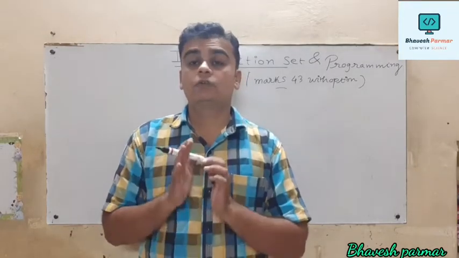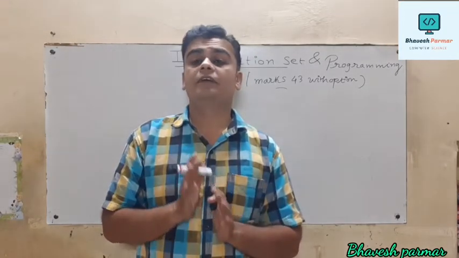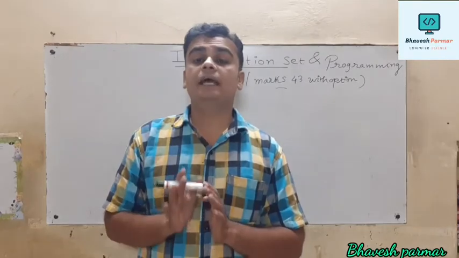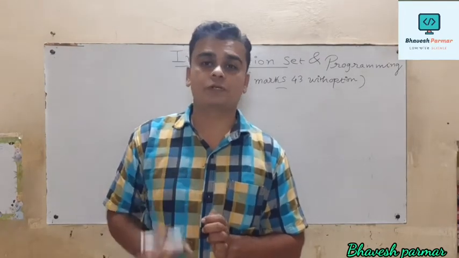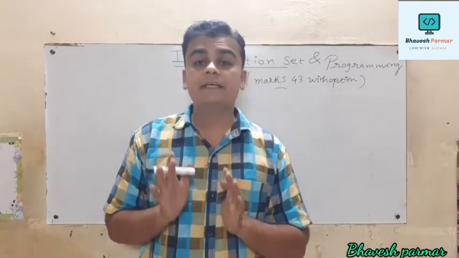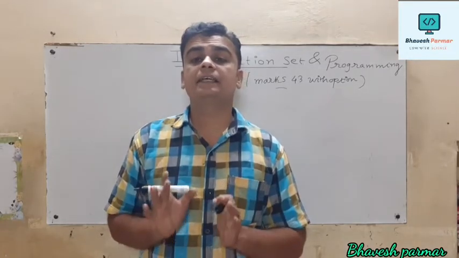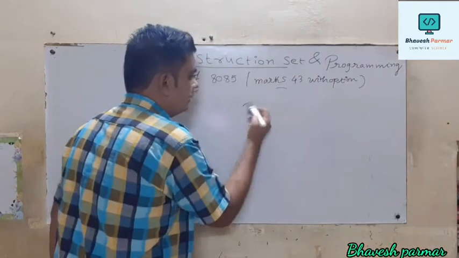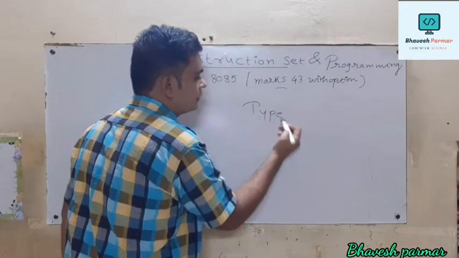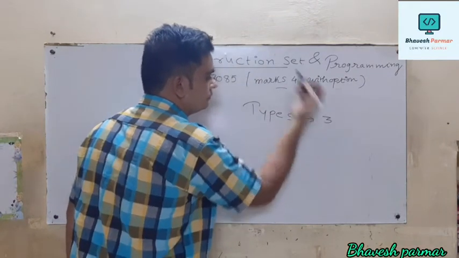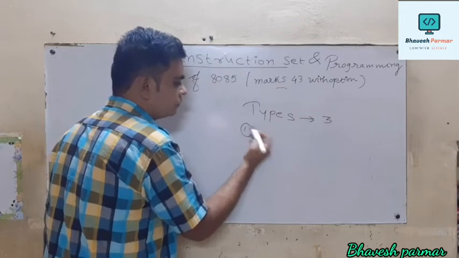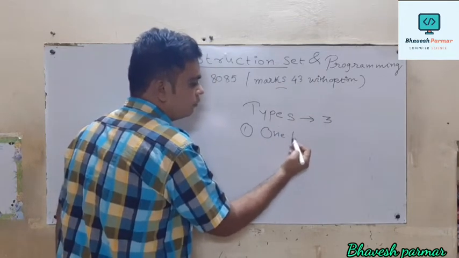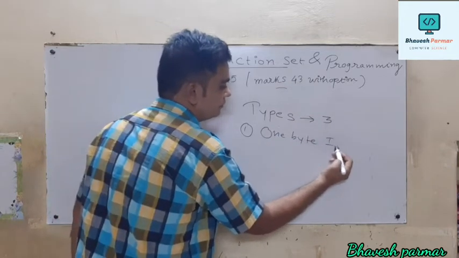In the 8085 microprocessor, we have to study approximately 72 instructions, and these instructions are categorized into 3 different types. So which are these three types? First is the 1 byte instruction.